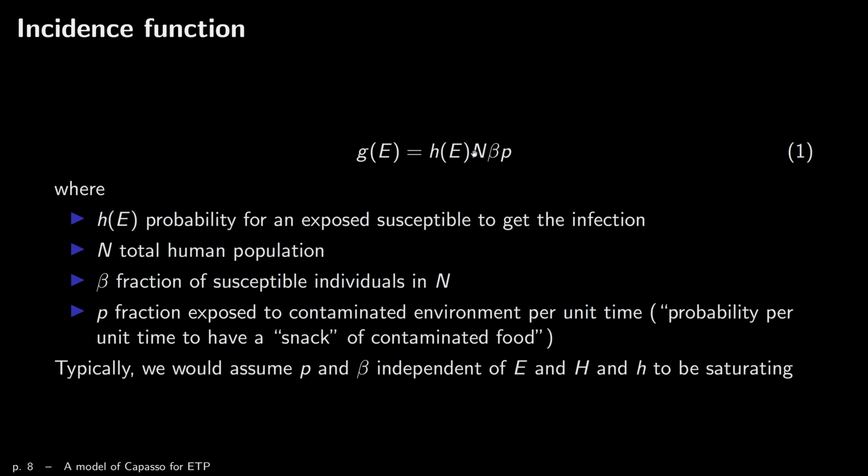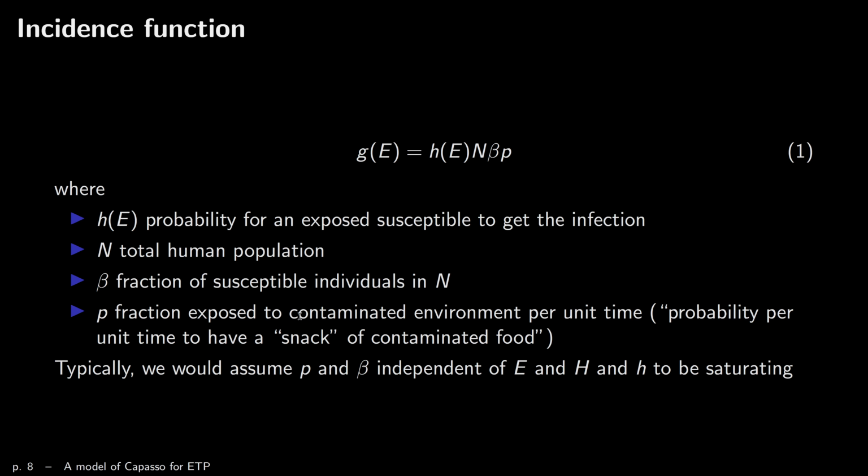Well, we compute that by taking this product n beta p, where n is the total human population, beta is the fraction of those humans that are susceptible, because a certain number of humans might be resistant, and p is the fraction of all of those that are exposed to a contaminated environment per unit time.